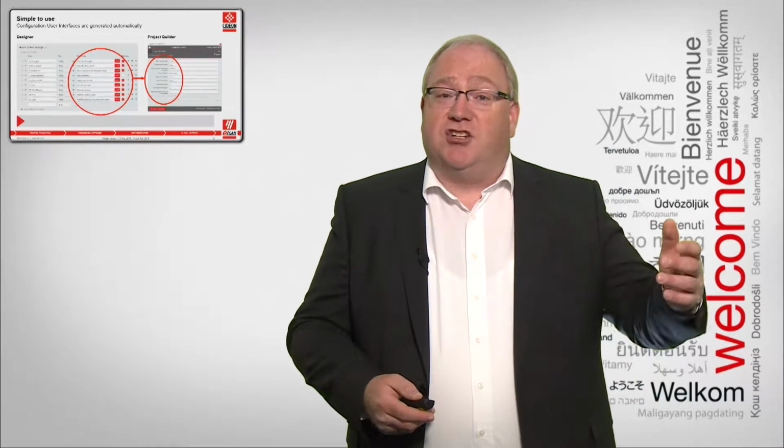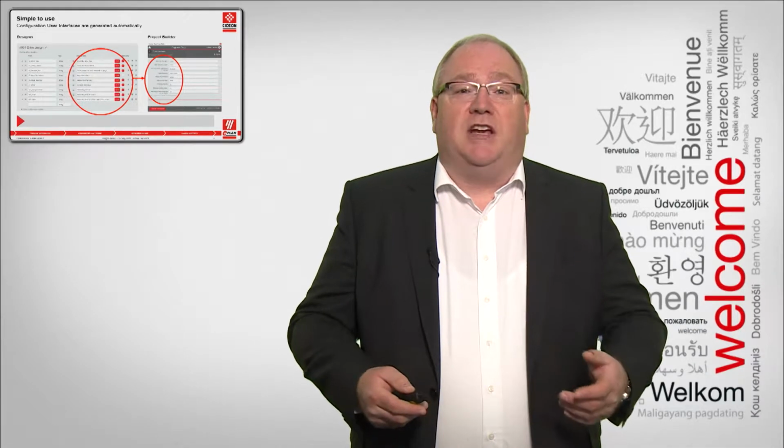And if you make changes in the designer on the left side, these changes have direct effect on the user interface on the right side in the project builder. And without any additional programming and without any programming skills at all, this user interface in the project builder is always up to date for the user.